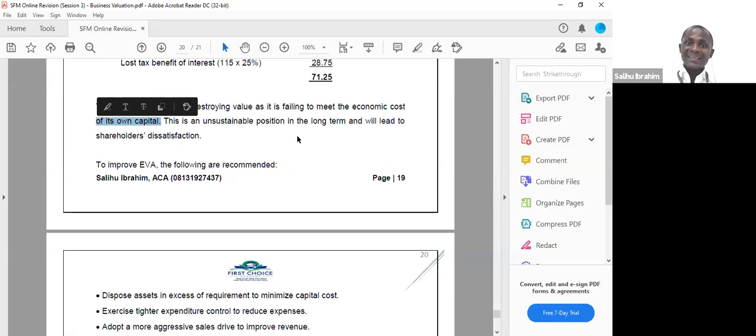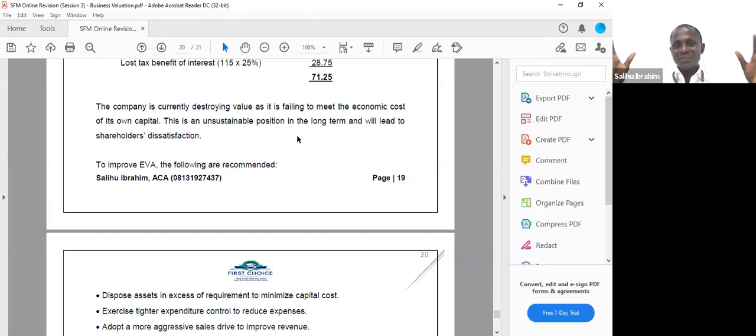Do you understand? And that suggests the reason why the main objective of the organization is to maximize shareholders' wealth and not to maximize profit. If we are maximizing profit, we can be generating profit without adding value to the company, and it will have a devastating effect on the company in the long term.